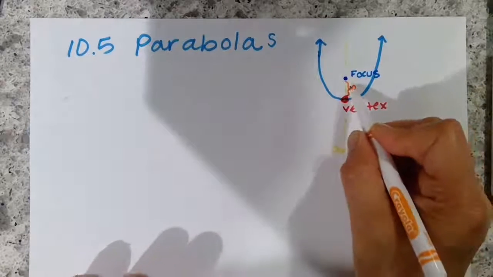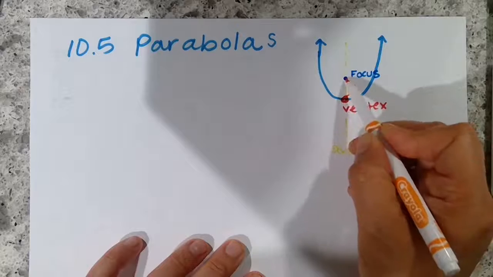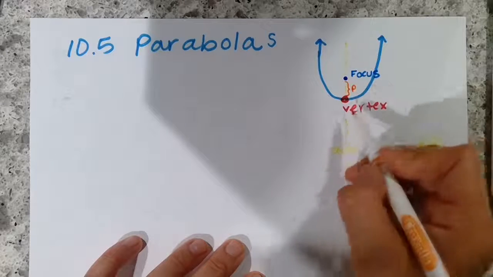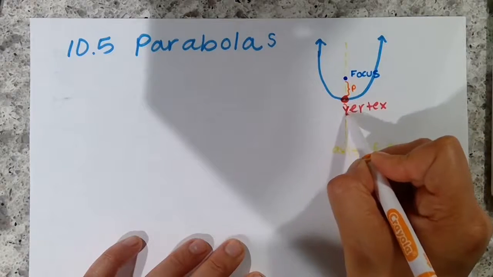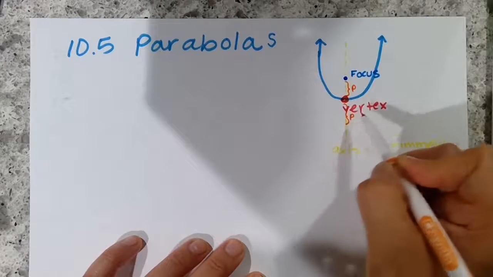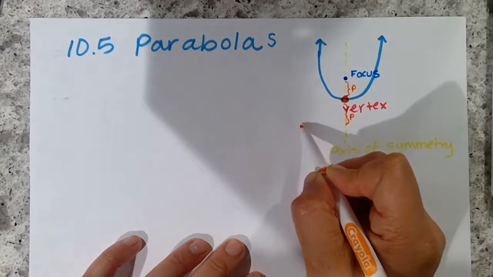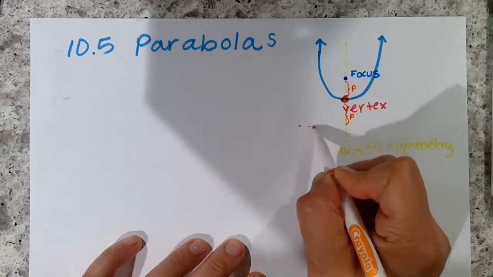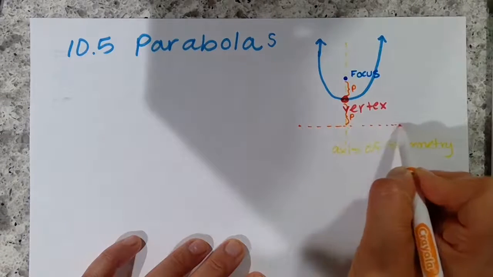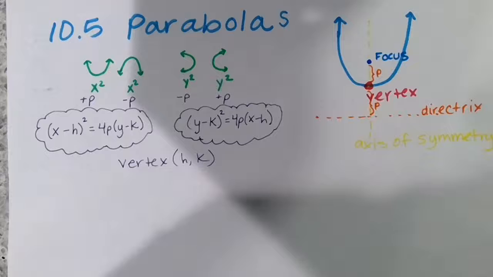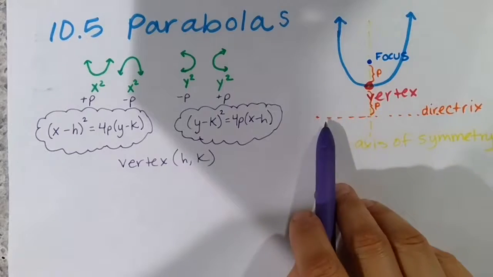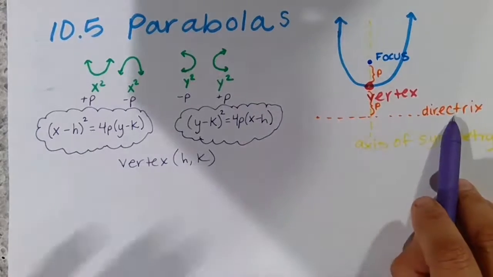The same distance from your vertex inside the parabola will give you your focus point. The same distance from your vertex, p distance outside, is what is called a directrix, and that's also an equation of a line. So this would be an equation of a line called your directrix.